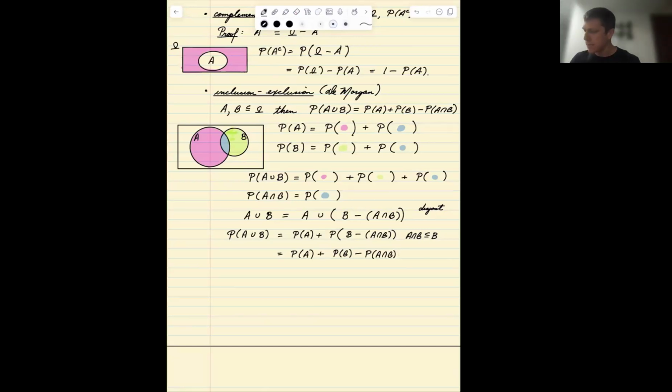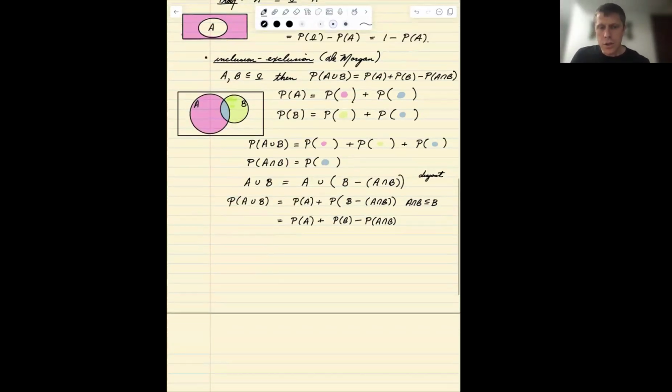And we have the inclusion-exclusion rule. Notice we're using finite additivity and the rule of differences to get that.